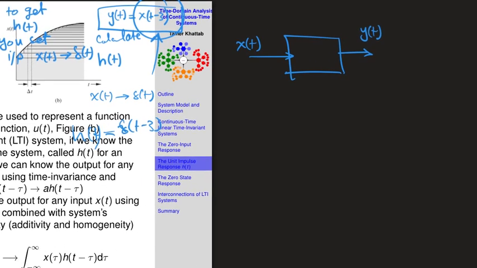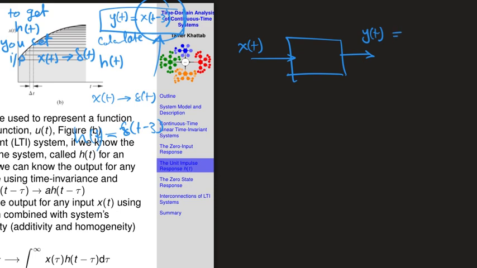For whatever input x of t, the output is going to be x of t minus 3. Whatever input I put into this system, the output coming out is going to be the input shifted by 3. So now if I want to calculate h, the response of this system to a delta input, what do I put at the input? Delta of t. What will I get at the output? That's what I call h of t.